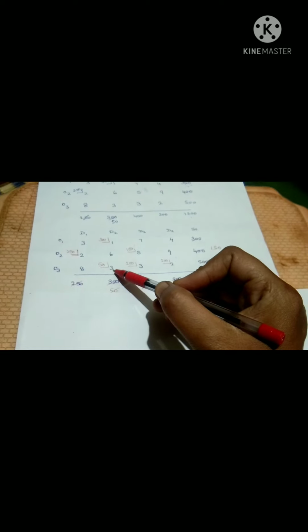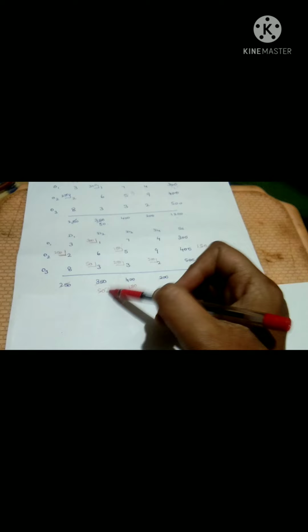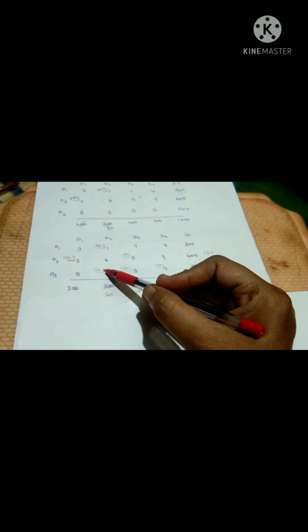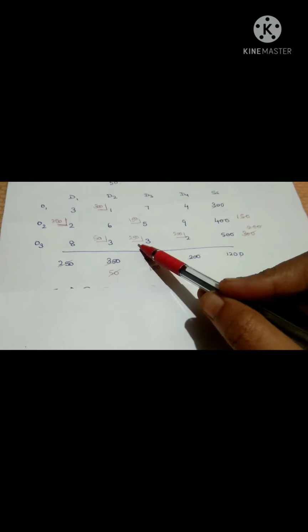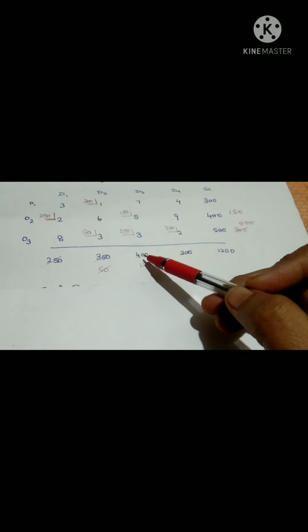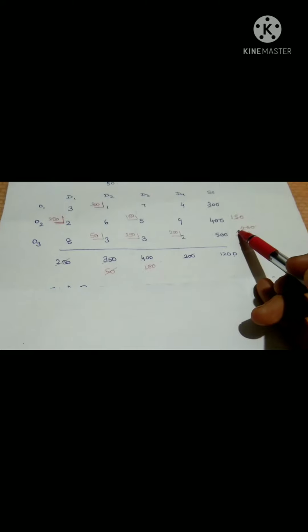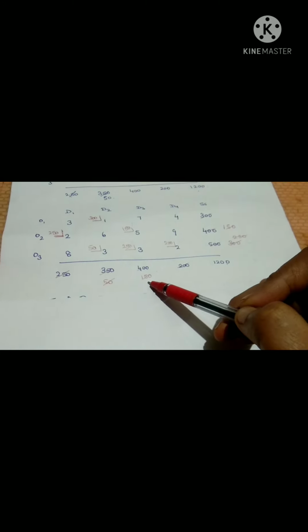I select O3 and D2, comparing 50 and 300. I select 50 as the lowest value and the difference is 250. The total of the other 3 is 400 and 250, so I select 250 as the lowest value and the difference is 150.